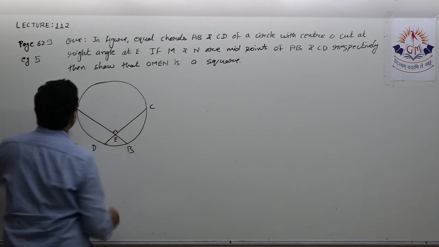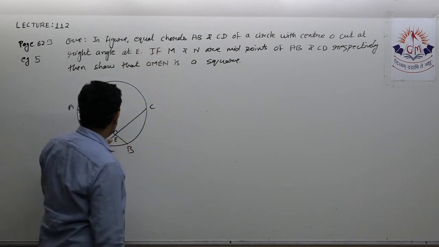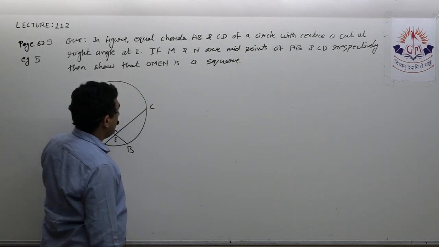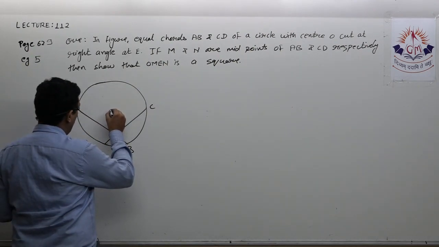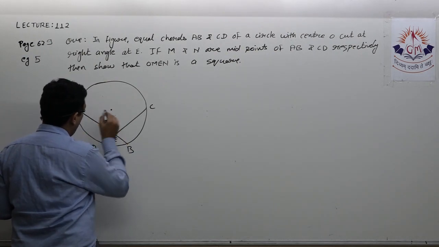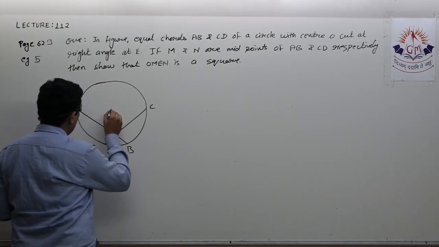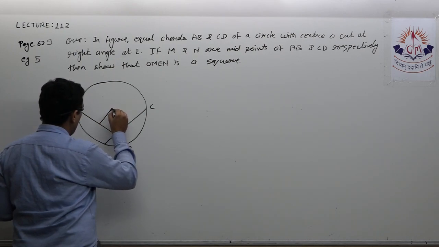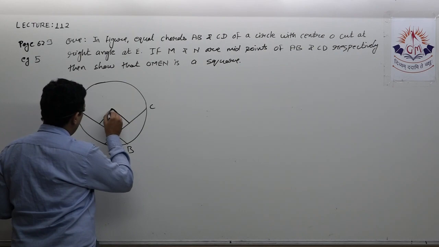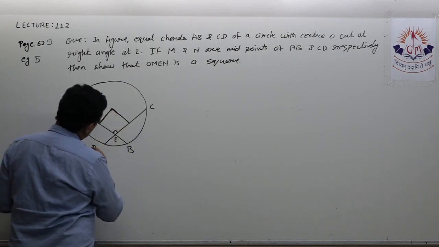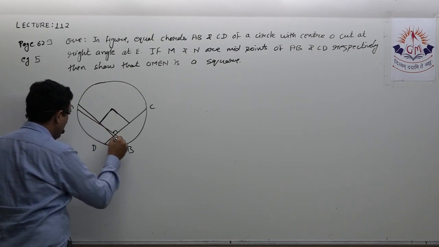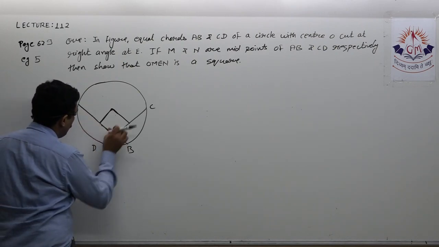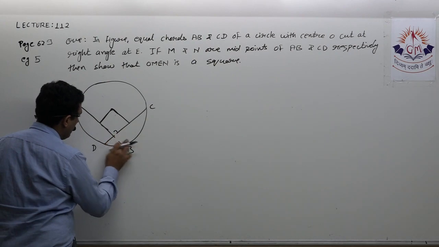That is given. It is also given they are equal, so AB and CD are equal chords. They meet at point E, and O is the center of the circle. Perpendiculars from O to these two points have been drawn. I have to change this a little bit to make it look like a square.